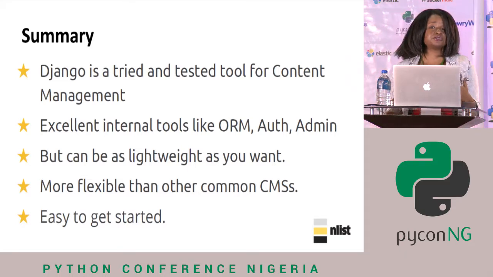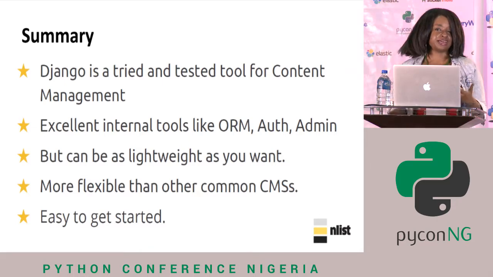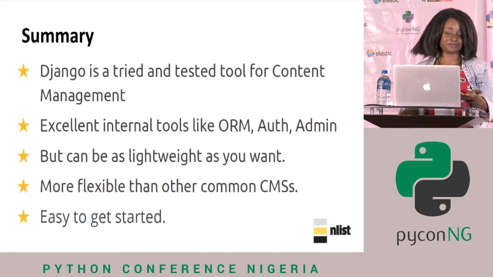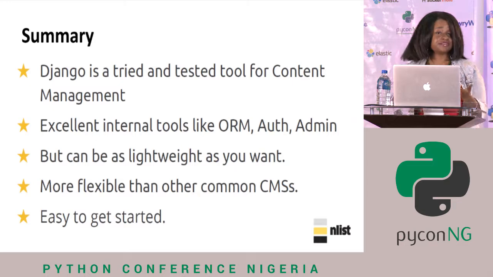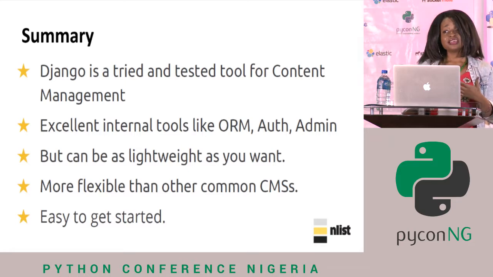And because also Django was built for news, not built for an all-purpose thing, even though you can use it for that, it has a lot of things out of the box that are very useful. So it can be as heavy as you want, as light as you want, and it's very easy to get started. So if you haven't used it, I would highly recommend it.